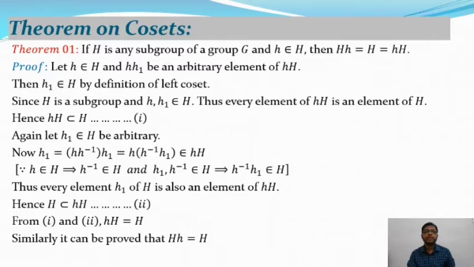Since H is a subgroup and h, h1 belong to capital H, every element of h into H, that means the left coset of H, is an element of capital H. So from this we conclude that h into H, the left coset of H, is a subset of capital H, and we can write it as equation number 1.